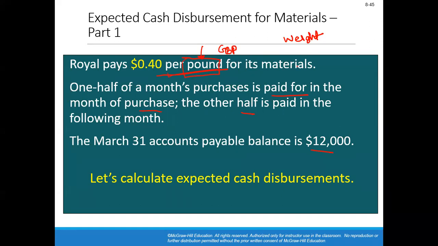What should be the payment in the month of April for the accounts payable which were created in the month of March? $12,000. How? The March 31 accounts payable balance is 12,000. Okay, let me show you.